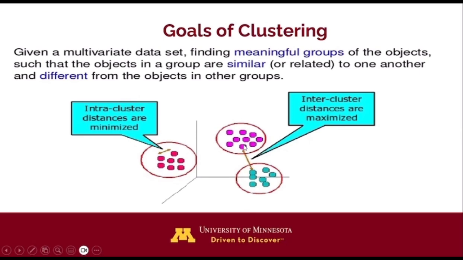The distance between this group and that group has to be significant, has to be maximized. But objects in the same group, even though I know they are never going to sit in the same spot, the distance they have from each other is going to be minimized. So that is the goal of clustering.